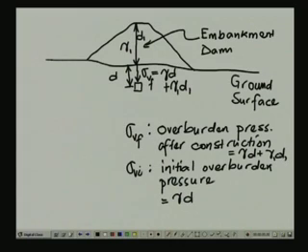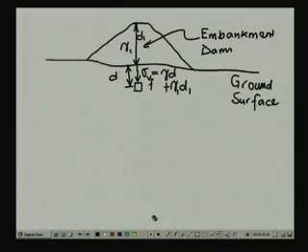Now, what happens as you go down deeper is that the effect of the weight of the embankment decays with depth. So if you consider the final overburden pressure, as you go down deeper, let us erase a little bit more in order to get clarity.